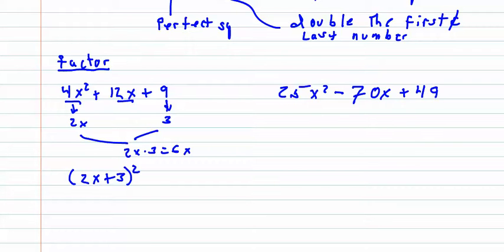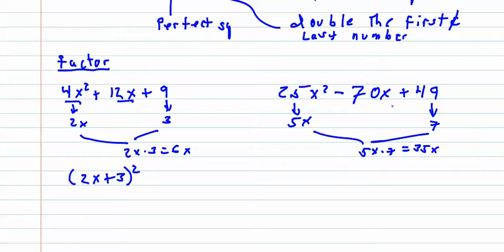All right? Perfect square, 5x. Perfect square, 7. 5x times 7 is 35x. Double it, I get 70x. This is a minus sign. So when we factor it, it becomes 5x minus 7, squared.